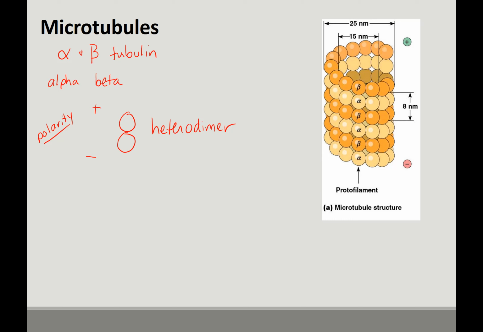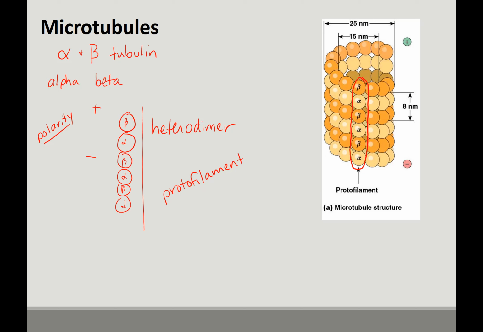And so then these heterodimers, beta and alpha, start coming together. Beta, alpha, and they start to form this long protofilament. Okay, and that is right here, protofilament.